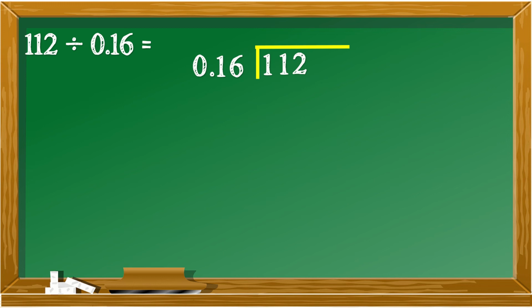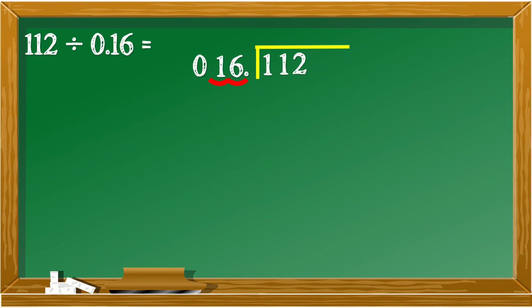So this time the divisor is a decimal again. So we need to make this first a whole number by simply moving the decimal point up to the end. So we need to move the decimal point 2 places. 1, 2. And then put it at the end.